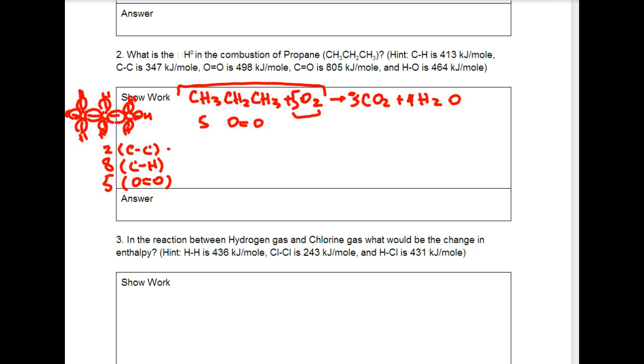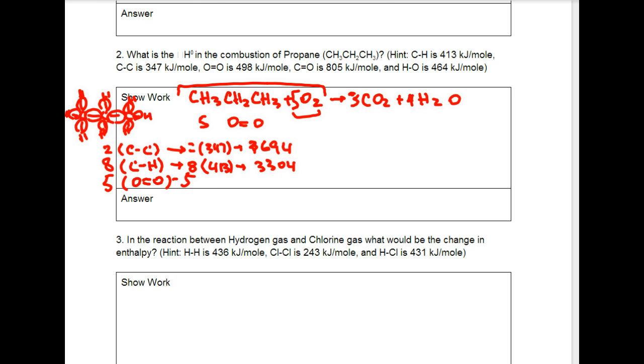When you plug in the numbers from the data table, so 2 times, in this case, 347, we get 694. When it's 8 times 413, we get 3304.